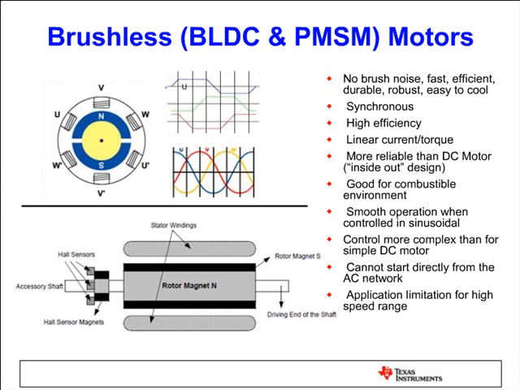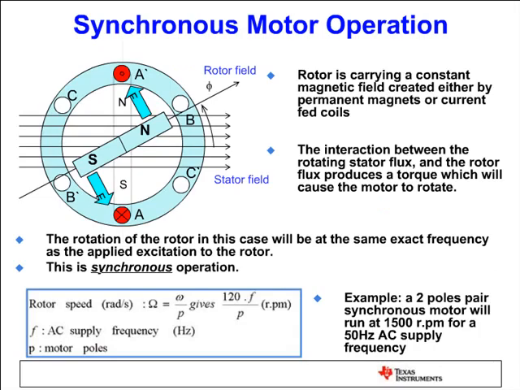Introducing the synchronous motor operation. See here, the horizontal vectors are the stator field vectors created by the stator, and the A, B, C phases are represented with the conductors.